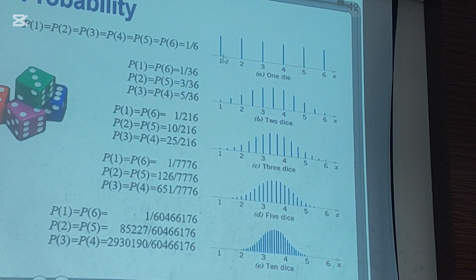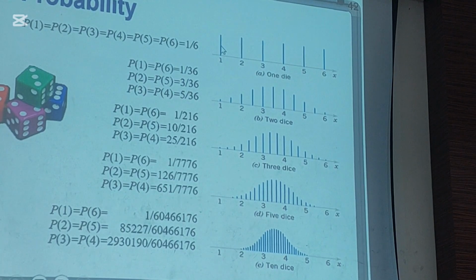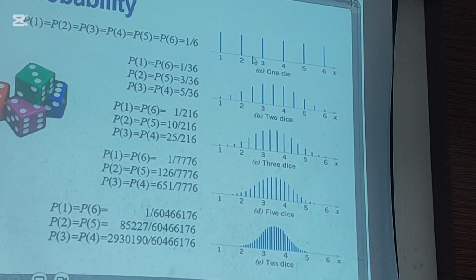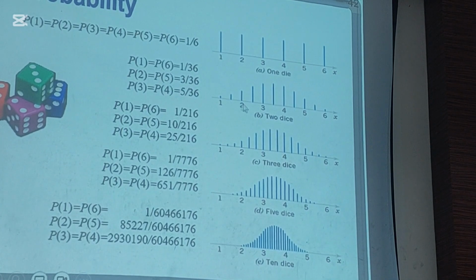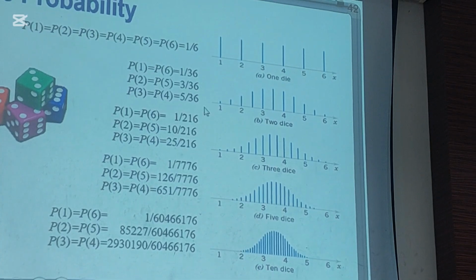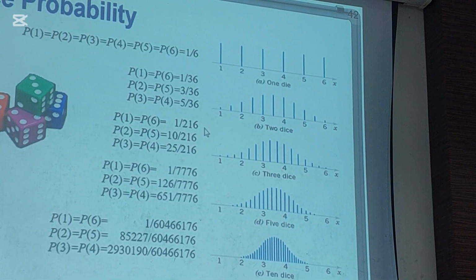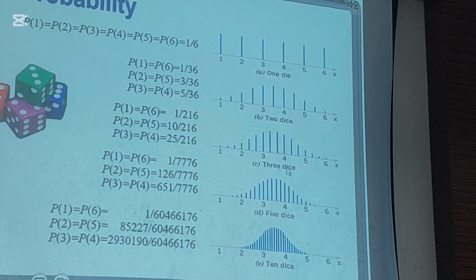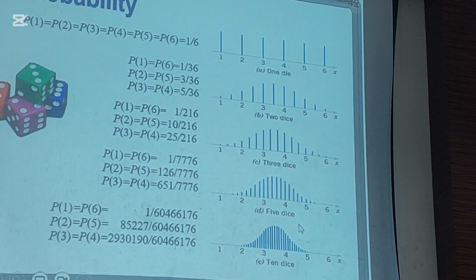This is where we have integer numbers like 1, 2, 3, 4, 5, 6. This is 2 times, and then this is 3 times, 5 times, and then 10 times.